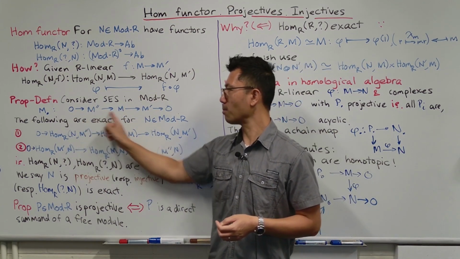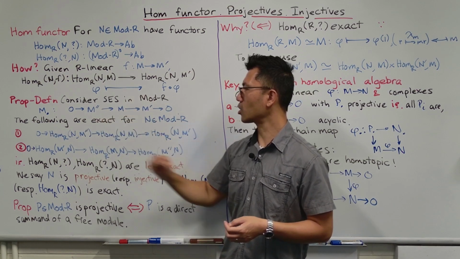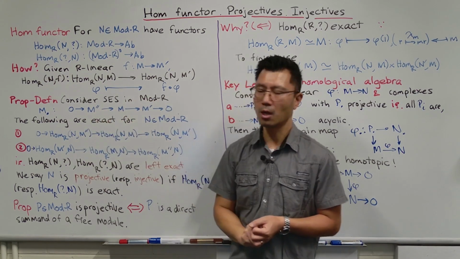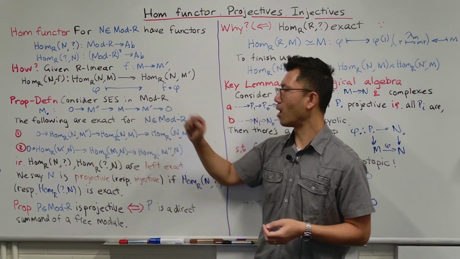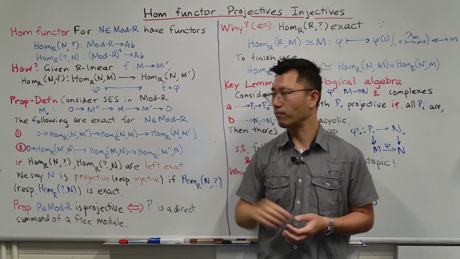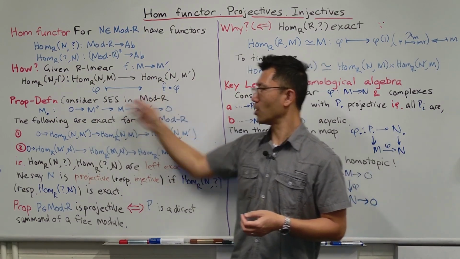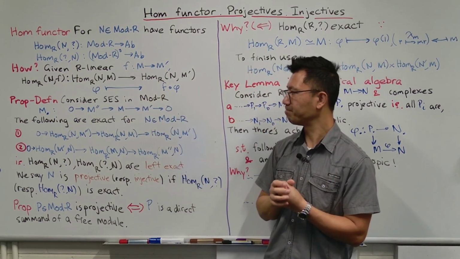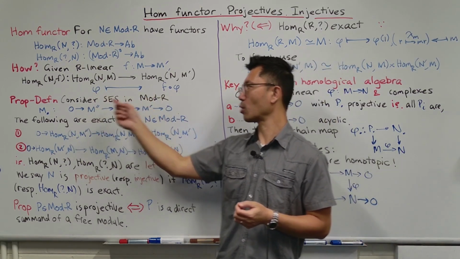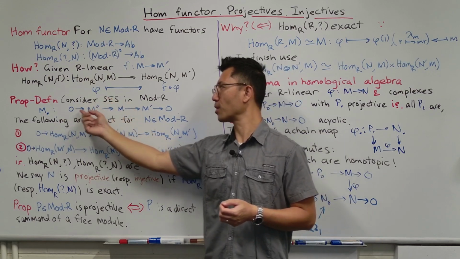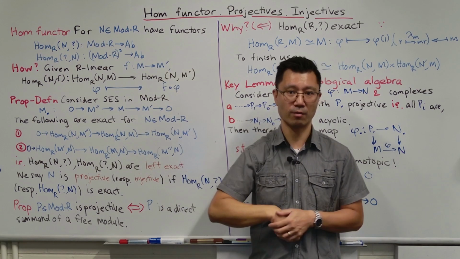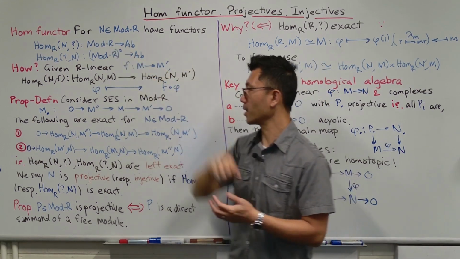That means this map here is an injection, this is a surjection, and the kernel of this surjection is the image of this one here. So in a sense, M' is isomorphic to M modulo the image of M'' by the first isomorphism theorem. A functor is exact if it preserves short exact sequences. So when I apply the functor to a sequence like this, it stays exact, and it will be an exact sequence inside the category of abelian groups if the functor goes to abelian groups.